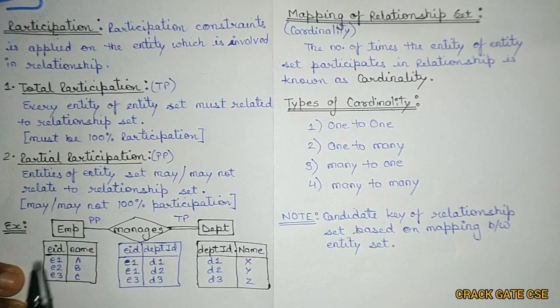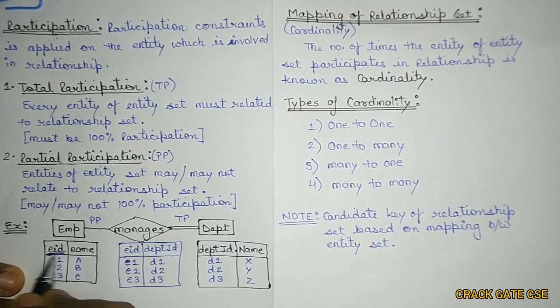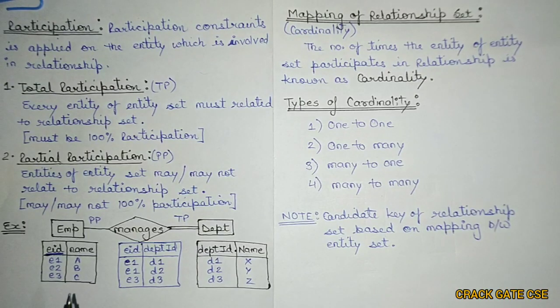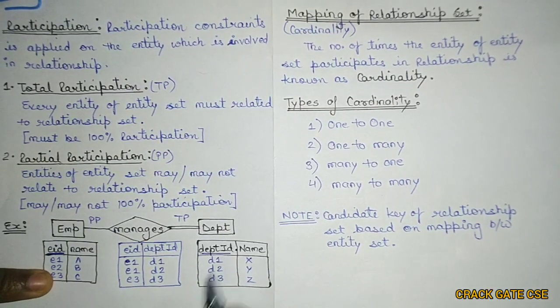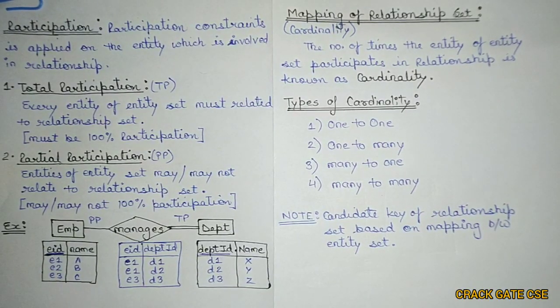So here the key is EID, that is, the employee ID, and here the key attribute is department ID. That means only these two values will take part in the relationship set.